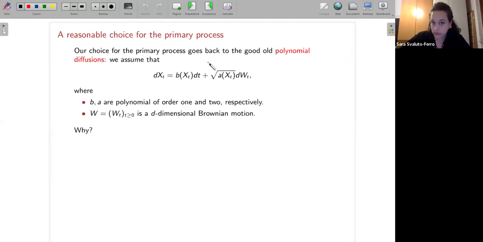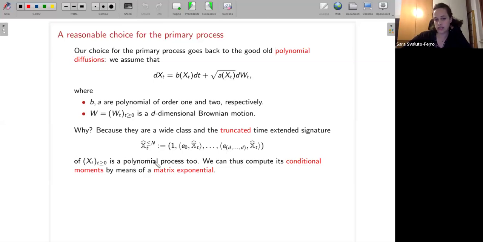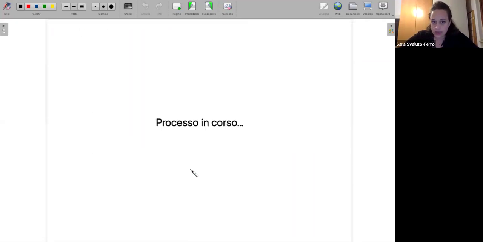And assuming that the primary process is a polynomial, we use the fact that the signature is again a polynomial process, which means that the conditional expectation of the signature can be computed as a matrix exponential. Why would we care?